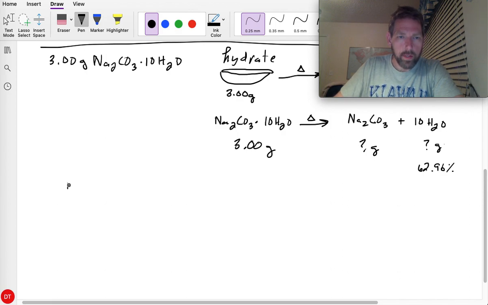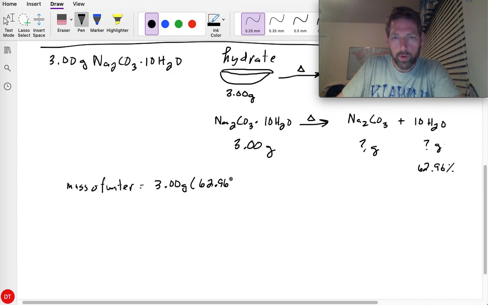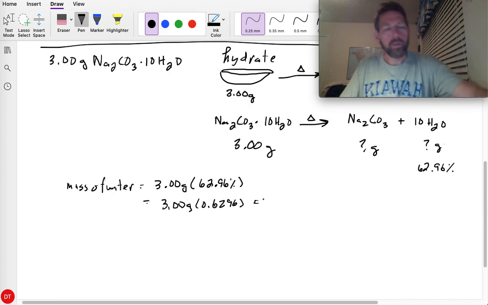The mass of water would have to be the 3 grams that we have times 62.96%, which would be 3 grams times 0.6296.